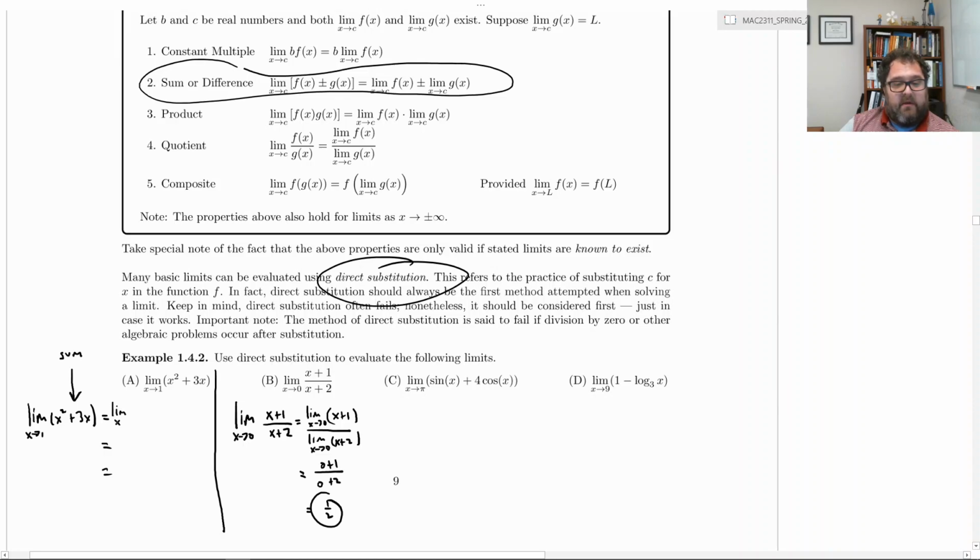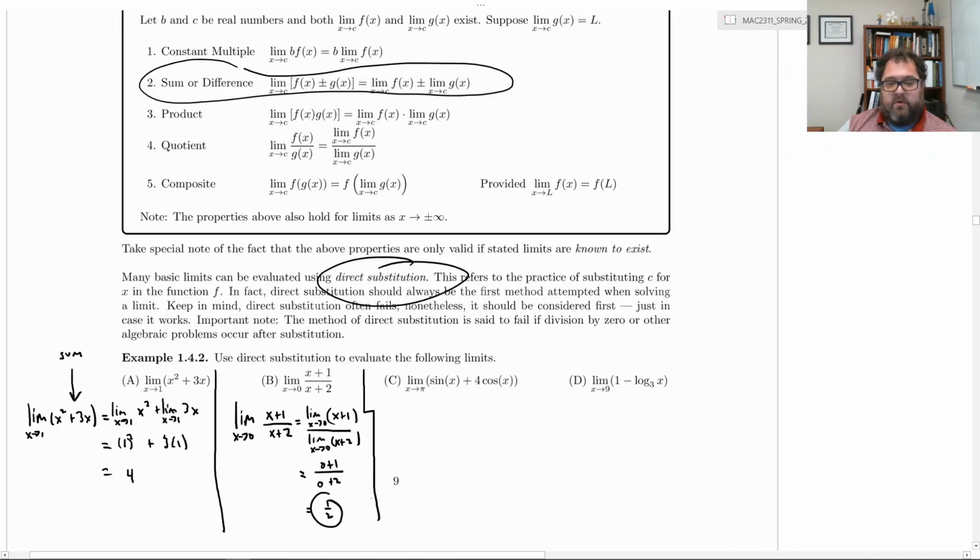So we have the limit as x approaches 1 of x squared plus the limit as x approaches 1 of 3x. Now I can take those 2 limits individually. I plug in a 1 for both of them, and we get 1 squared plus 3 times 1, which is the exact same thing we had before, gives us 4. But it's the sum difference rule that allows us to take the limits of those 2 functions individually.